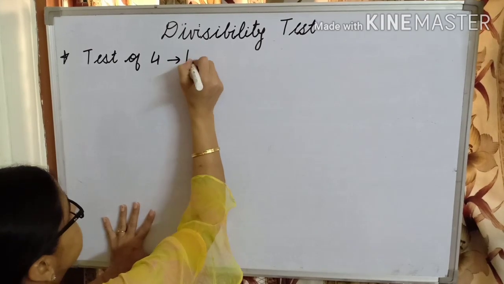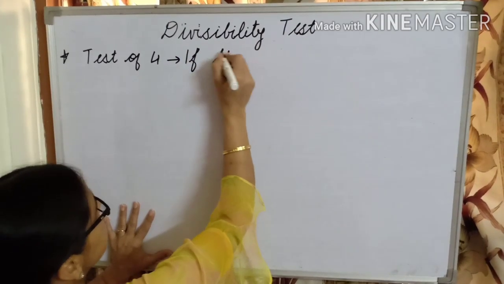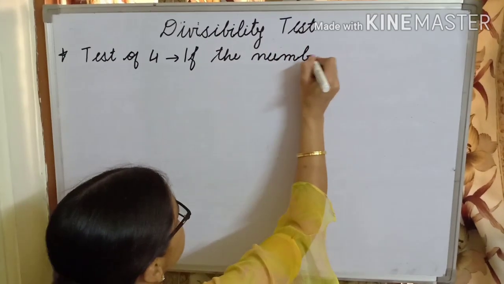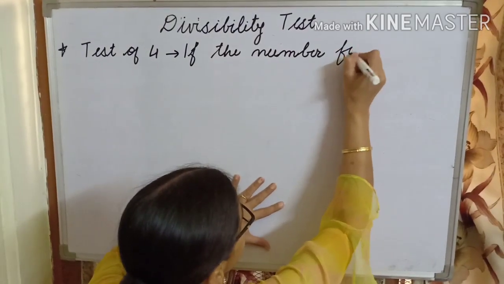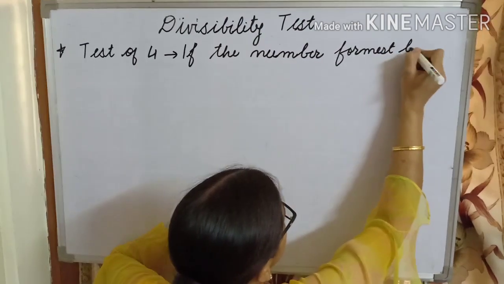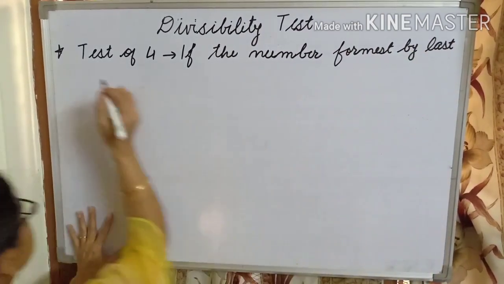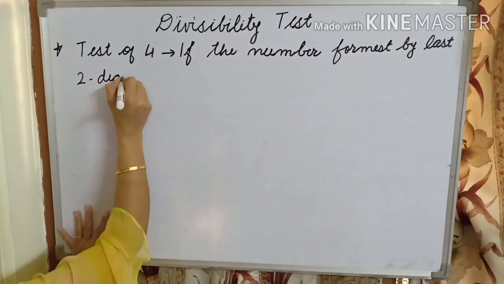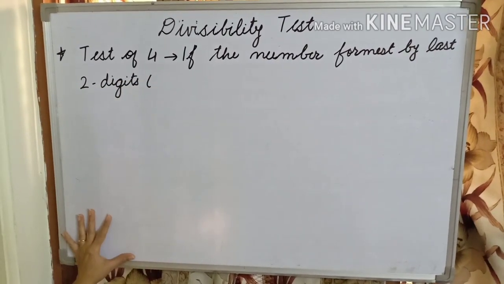If the number formed by last 2 digits is divisible by 4. What is the meaning of last 2 digits? Do you know?